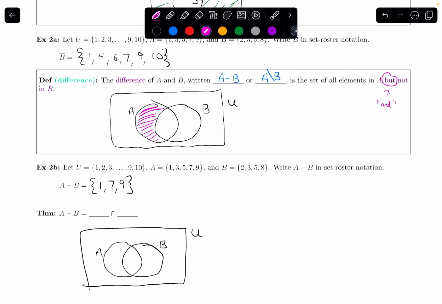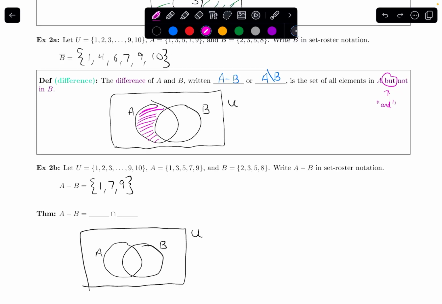So the set of all elements that are in A and are not in B. And the word and means an intersection. That's where I'm getting this intersection symbol. The first part says elements that are in A, and at the same time they are not in B, which means the complement of B.